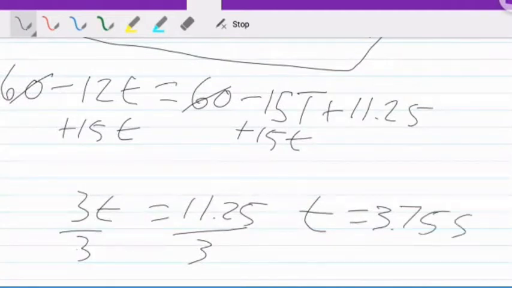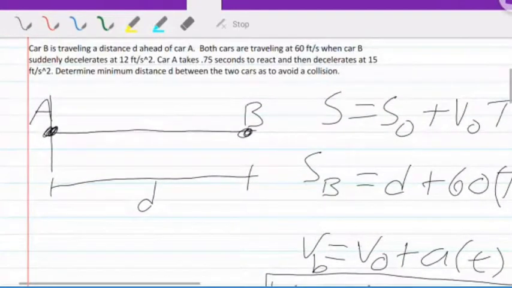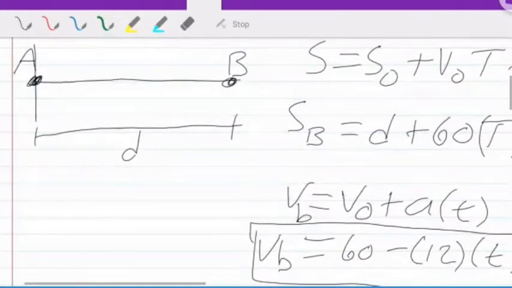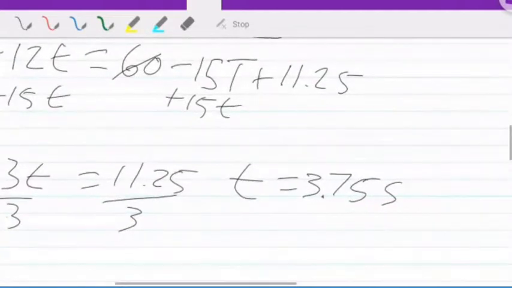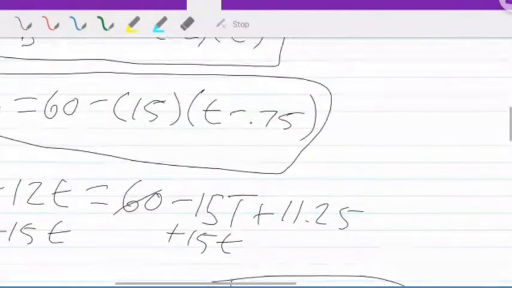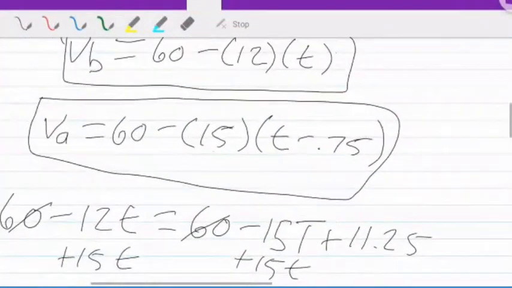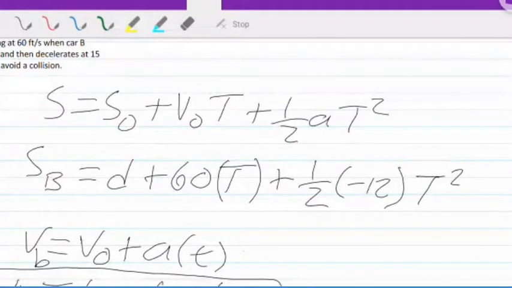So the time of 3.75 seconds is the time from when car B hits his brakes that these two velocities will be, not zero, equal to each other. So now the 3.75 is what we plug into our displacement formulas up here.